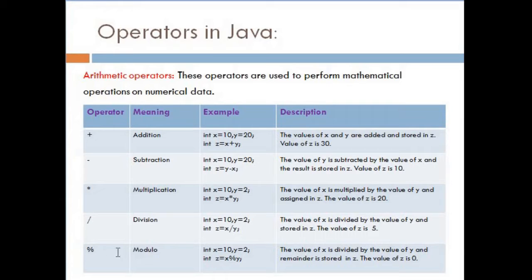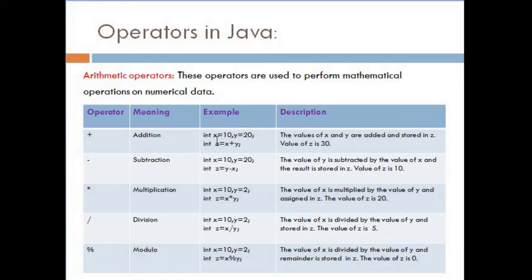Okay, we shall come to this later on, but before that let's start with the plus operator. Here plus stands for addition. Say for example, if you have two Java statements where the variable x has been assigned the value 10, the variable y has been assigned the value 20, and then in the next statement we perform x plus y, where x plus y gives 10 plus 20, and it produces the result 30.